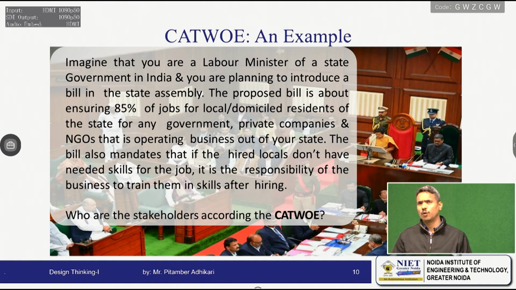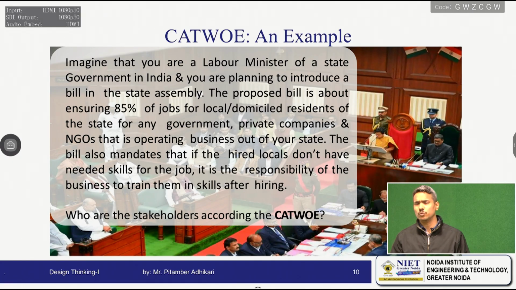What that government wants is that any private, government or NGO organizations and companies that are operating their businesses in that state will provide 85% reservation to the native people who belong to that particular state.